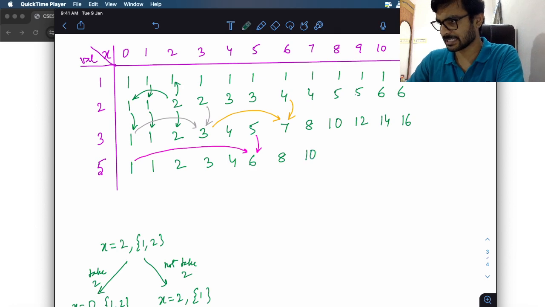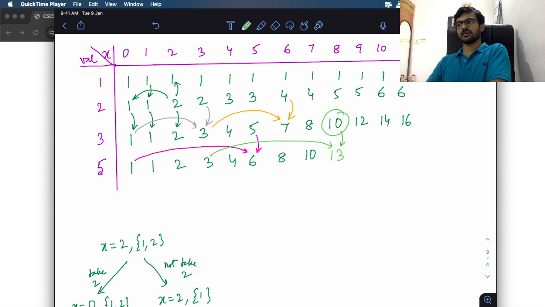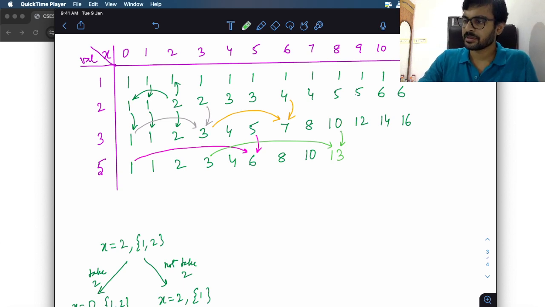If I show this last example, for x equals 8, how many ways are there? It will be 1, 2, 3. So this particular thing plus this, 10 plus 3, 13. So using 1, 2 and 3, you can form 8 in 10 ways, let's say.